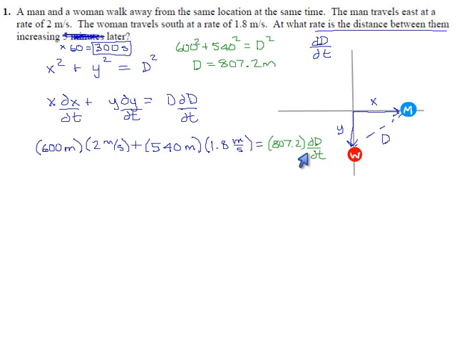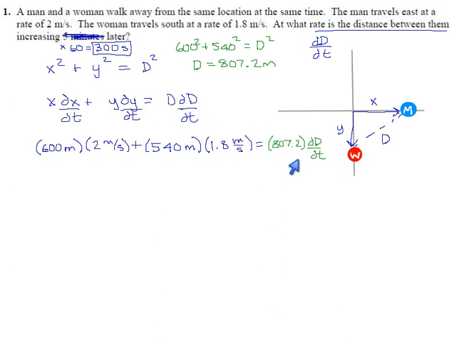So the rate of change of their distances is going to be this entire left-hand side divided by 807.2. So that comes out to 600 times 2 plus 540 times 1.8, divided by 807.2.